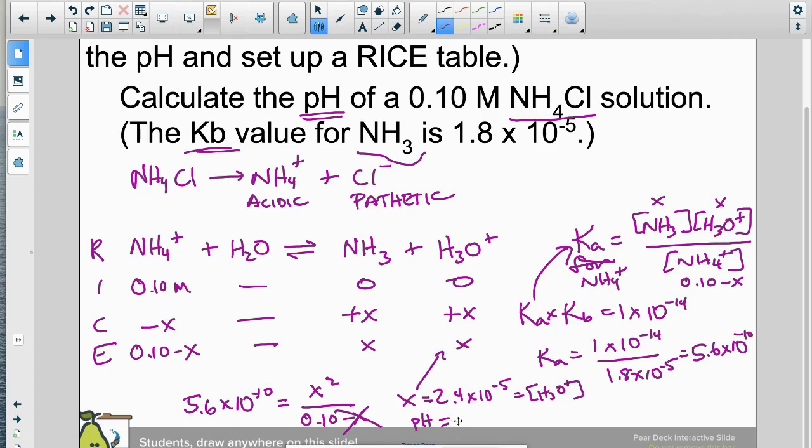So our pH equals minus log of 2.4 times 10 to the minus 5. And that would be a pH of 4.63 for this solution. And as expected, it is an acidic pH.